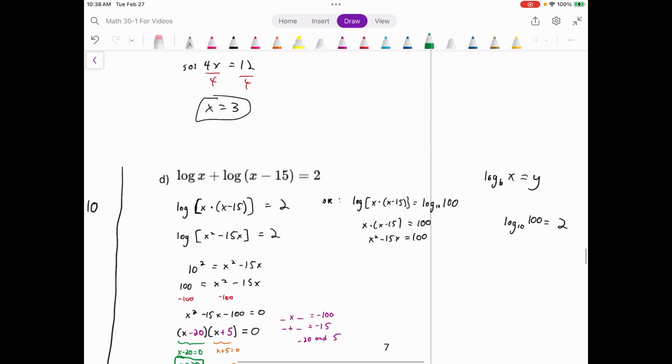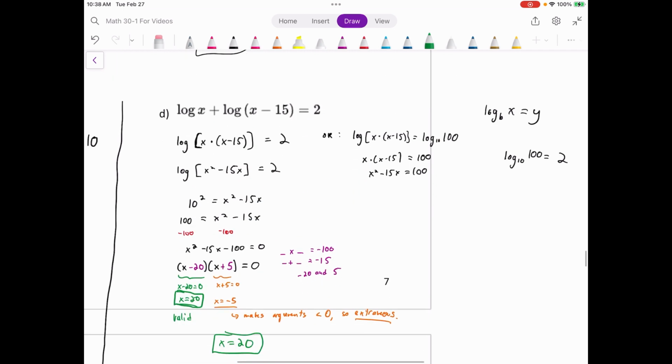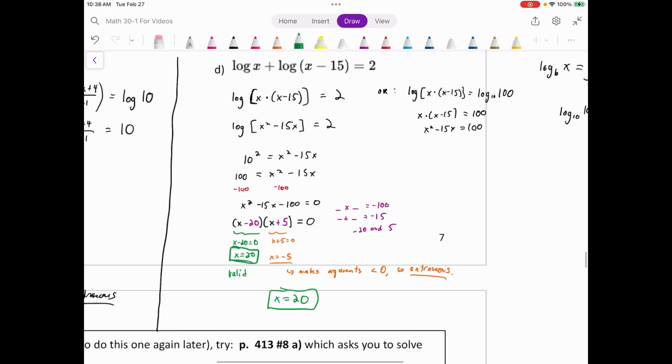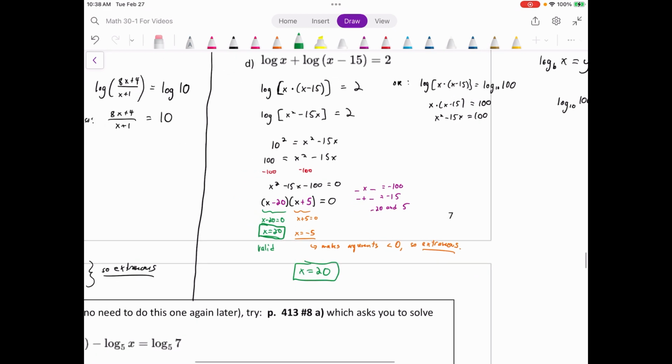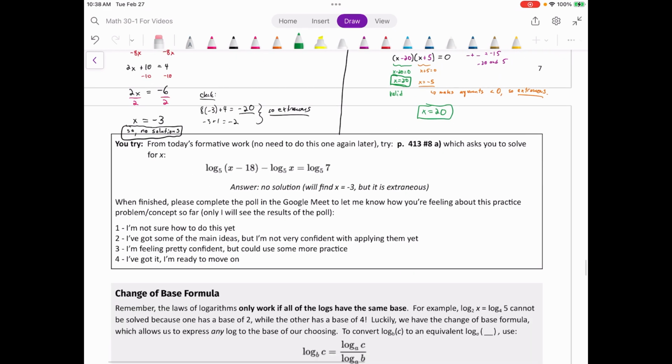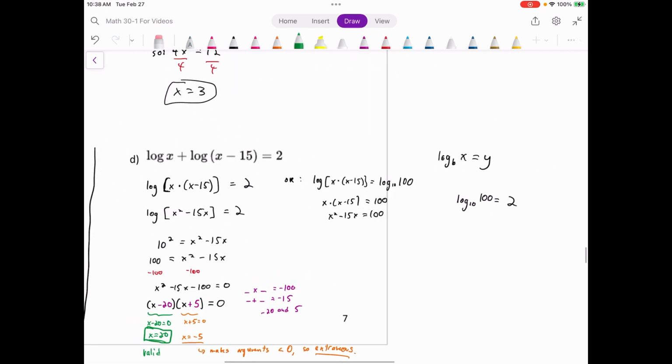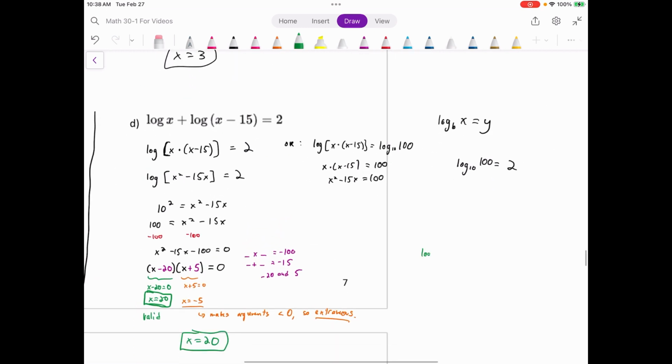And you could double check your work. These are even log base 10, so you could even use your calculator to check your work. Try log of 20 plus log of 5. See if it equals 2. It will. Okay, we could quickly look at that. I'll just show you. Log of 20 plus log of 20 minus 15, does it equal 2?